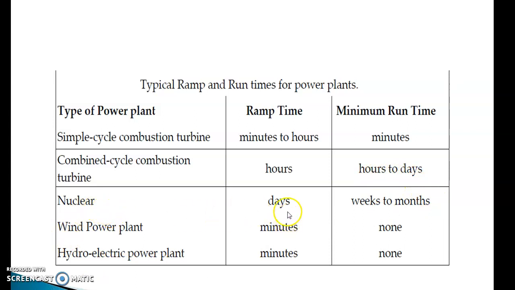Next, nuclear: the ramp time is a day and minimum runtime is weeks to months. Wind power plants: minutes. Hydro power plants: minutes.